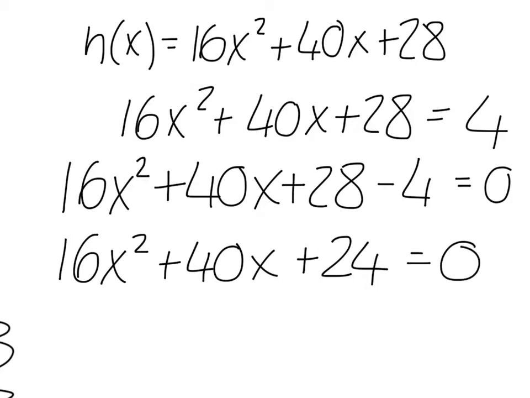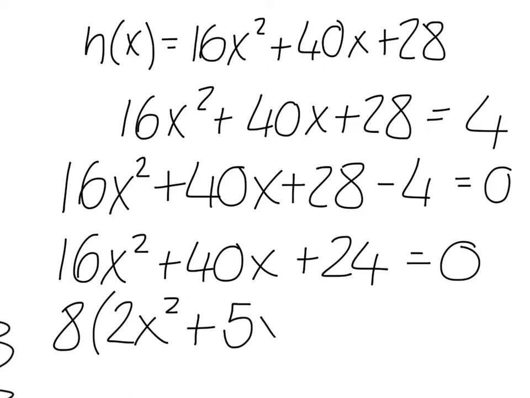So we now have a quadratic equation that we can solve. The first thing we should do is take out a common factor. 8 is the common factor. 8 times 2x squared gives you 16x squared. 8 times 5x gives you 40x, and 8 times 3 gives you 24.